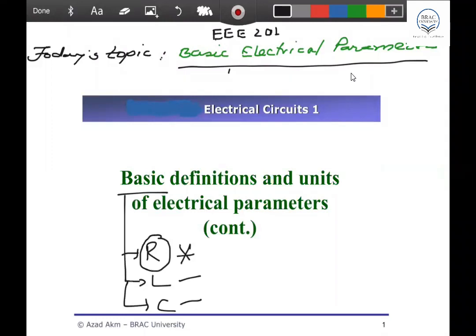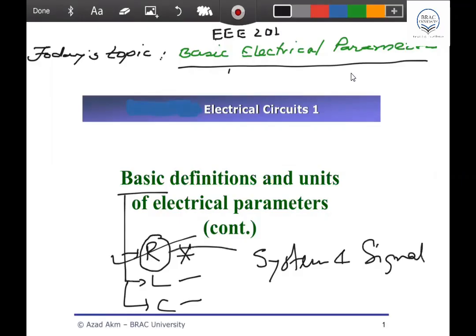So today we are going to talk about this resistor as the system and signal. System and signals, if you go with that, the resistance is a system and the signals are, like you have studied in physics, the current, voltage, power.